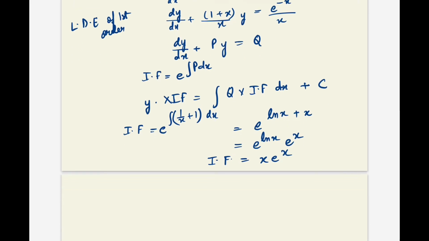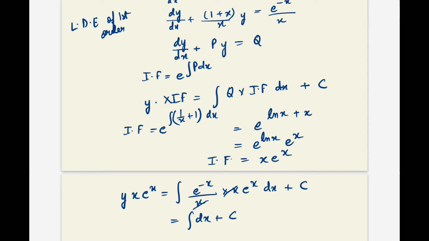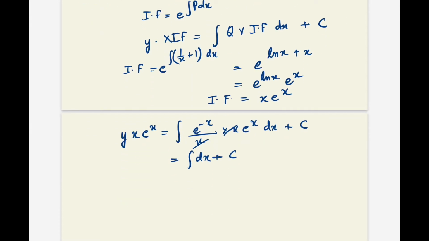Now y multiplied by the integrating factor equals the integral of q multiplied by e to the power minus x upon x, multiplied by x e to the power x, dx plus c. c is the constant of integration. x cancels, and this becomes x plus c.